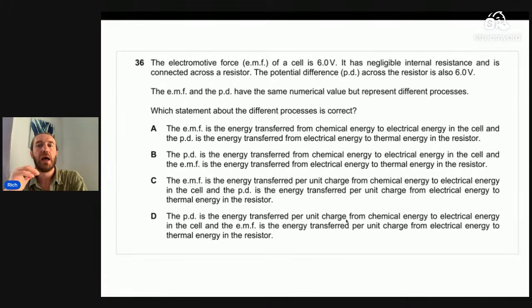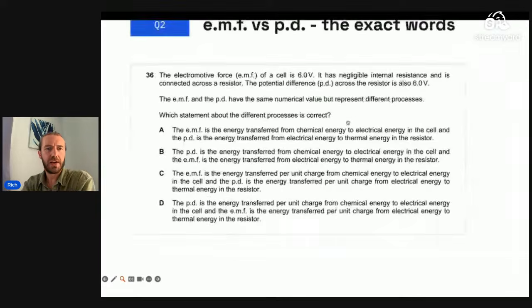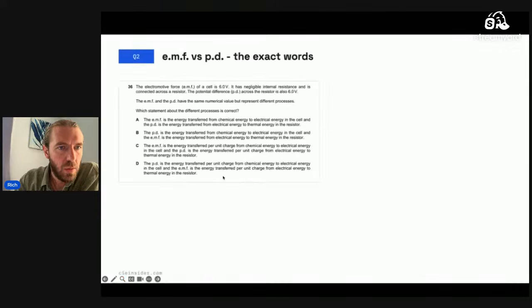Okay. Now, then when we look at, okay, well, we've got A and C left then. How do we want to look at these ones and think, okay, how do I get rid of one of these options? Well, one of them has per unit charge, one of them doesn't. Now we know, if we know our definitions and we're clear on them, or if you just know the formula, then you know it has to be per unit charge.